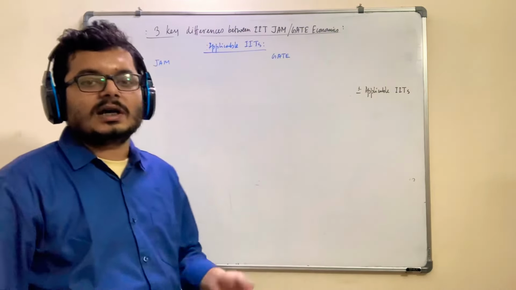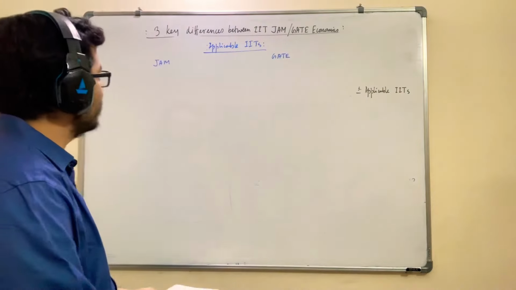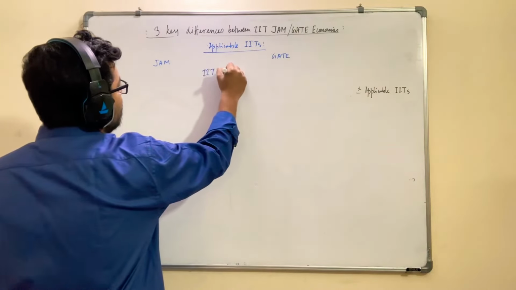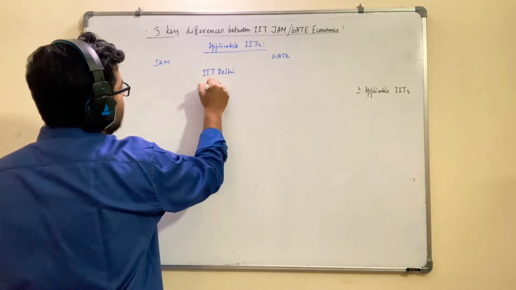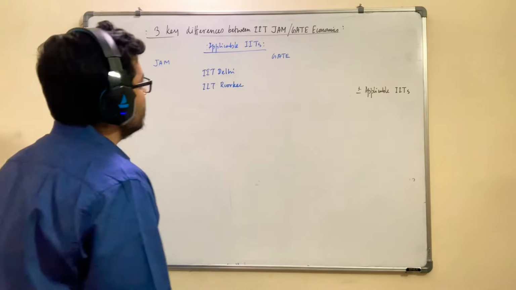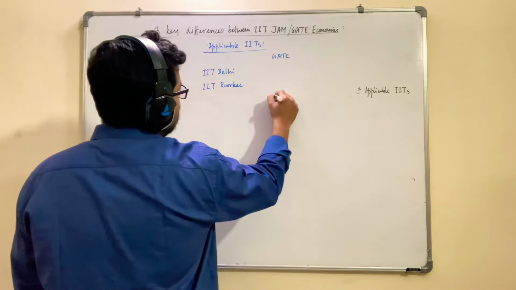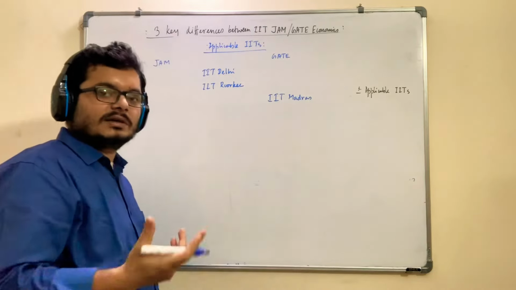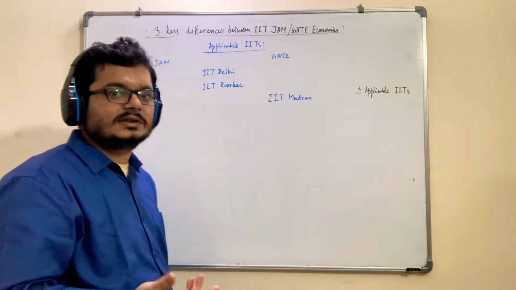If you have watched the earlier videos, then you know that IIT Delhi and IIT Roorkee are common for both JAM and GATE. But interestingly, in GATE, there is IIT Madras. And I will share the link of IIT Madras, you will find the details.